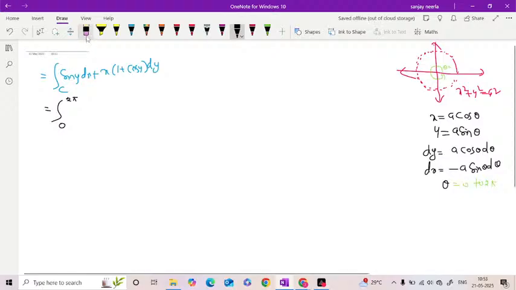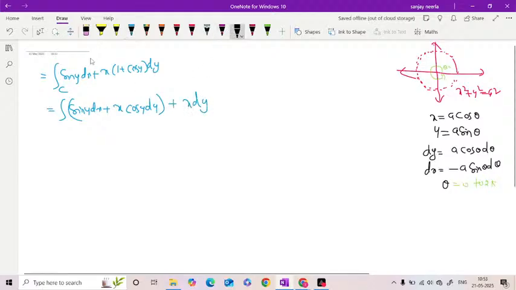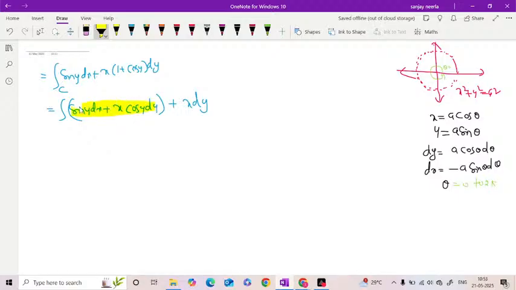Before going to solve the problem, just a small modification. Now the integral of sin y dx plus x into cos y dy plus x into dy. According to the inspection method, this sin y into dx plus x into cos y dy, we can club these two.